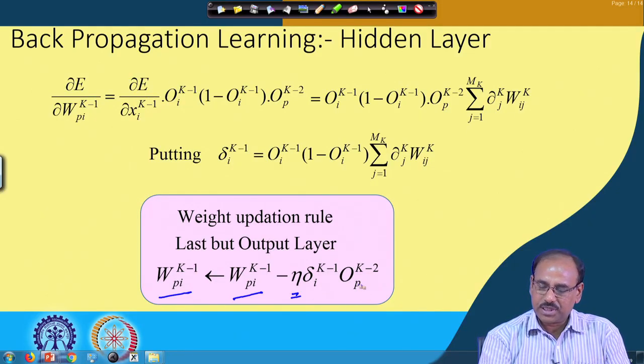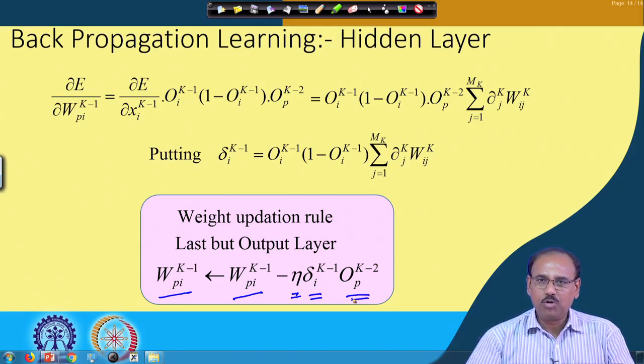This was the weight updation rule at the last but one layer, that is the layer before the output layer.